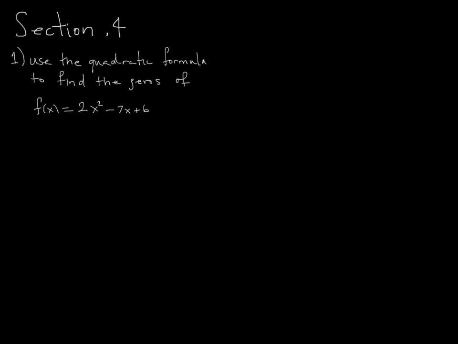Moving on to section 4, we're going to use the quadratic formula to find the zeros of the function here. We need to recall what the quadratic formula is before getting started.